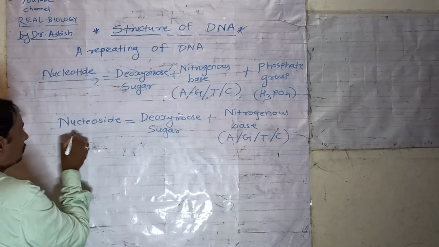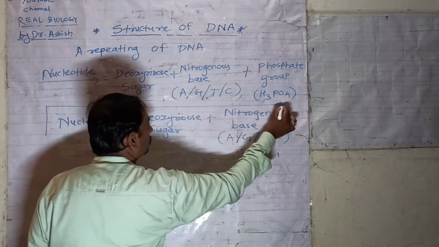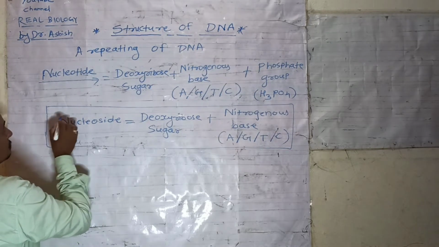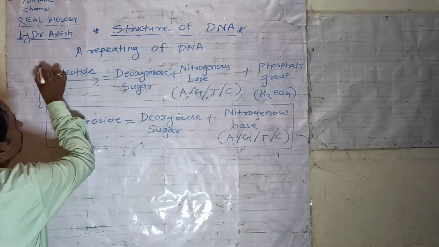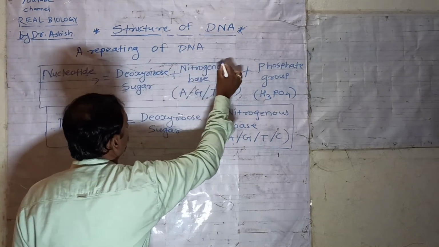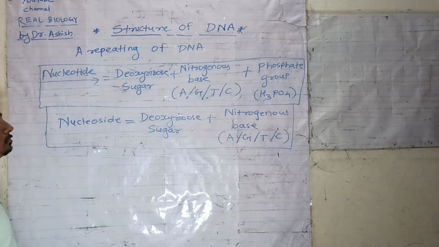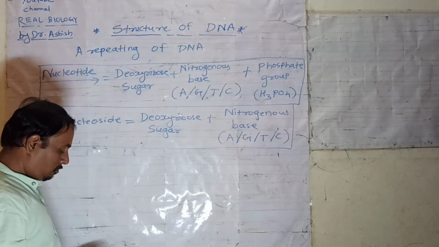So a nucleoside is made up of deoxyribose sugar plus a nitrogenous base, while a nucleotide is made up of deoxyribose sugar plus nitrogenous base plus a phosphate group. So now you know what a nucleotide is and what a nucleoside is.